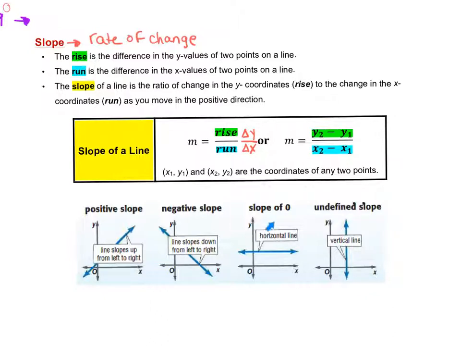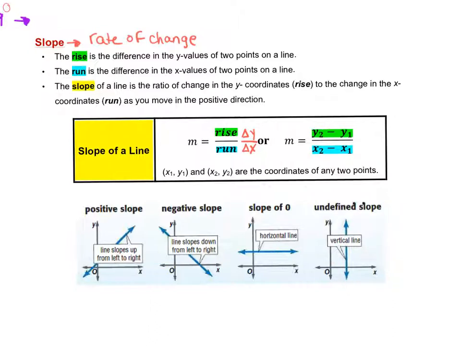There are 4 types of slope that you can have of a line, going from left to right. If you are going up, it is a positive slope. Going from left to right, if it's going down, it's negative. If you've got a flat line, it has 0 slope. And an undefined slope is a vertical line.